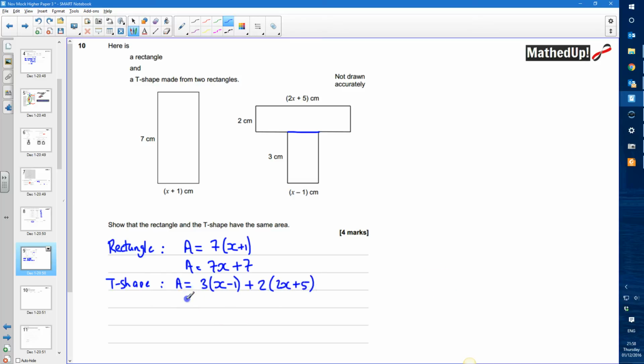And if I expand this I get 3x take away 3 plus, and if I expand this I get 4x plus 10.